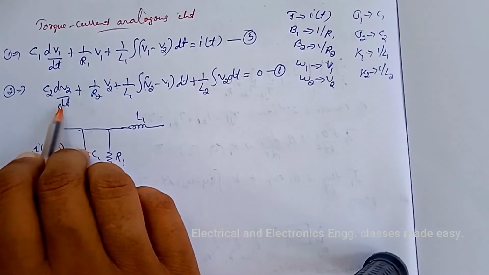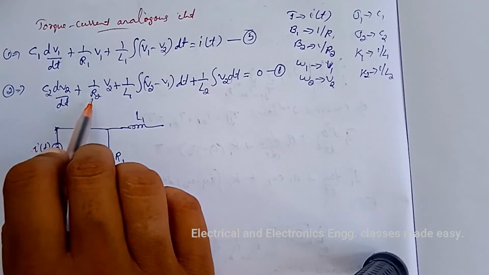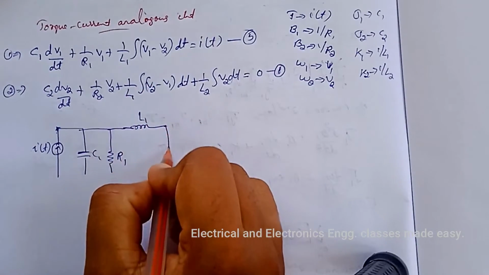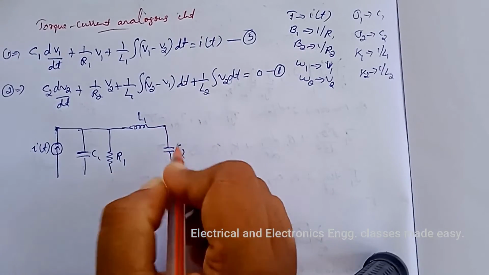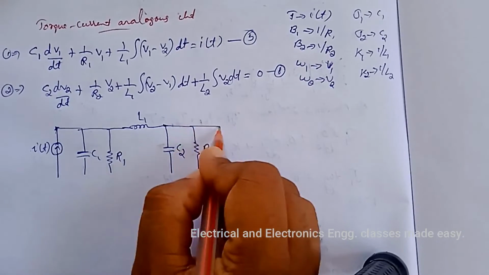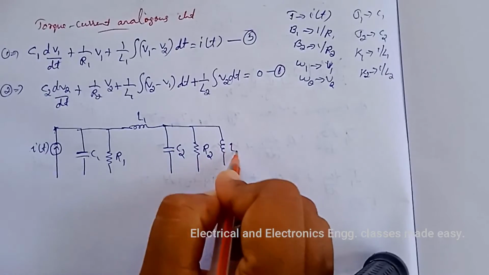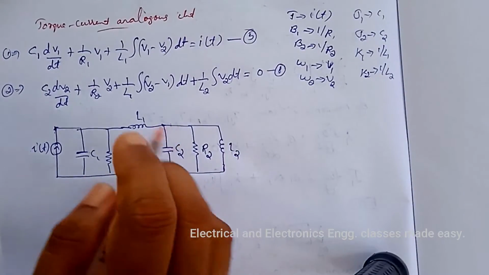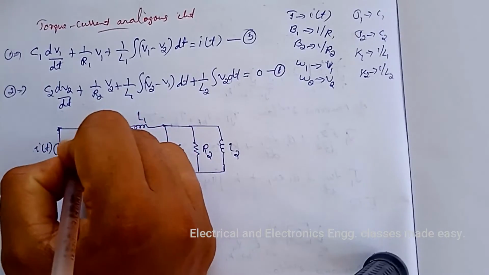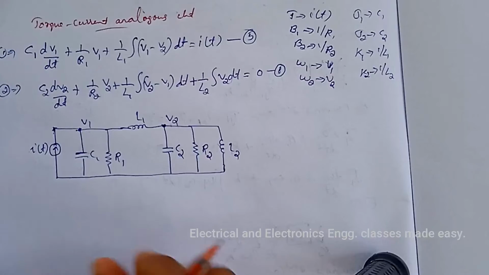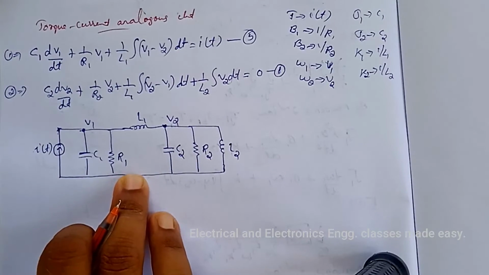Then in the second equation C2, R2, then L2. So C2, R2, then L2. So these are the elements and V1 and V2 are the two nodes. So this is the torque current analogous circuit.